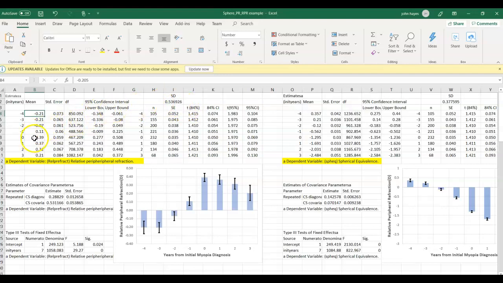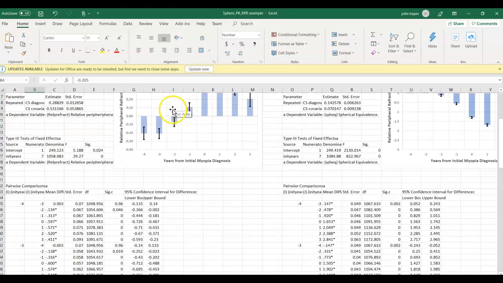So if we wanted to test -4 compared to 0, we would take minus 0.21 subtracted from 0.39, which would be minus 0.6, divided by the standard deviation of about 1.1 or something.